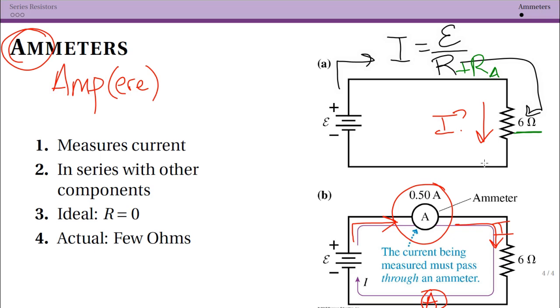The reason it's important to note that is that when we say that our wires are ideal, we're saying that we can neglect the resistance of our wires. The wires themselves have a few ohms of resistance. Similarly here with the ammeter, we're choosing to ignore its resistance, where it has a few ohms of resistance, and that's reasonable, though it doesn't necessarily seem reasonable if your resistor in the circuit is 6 ohms.